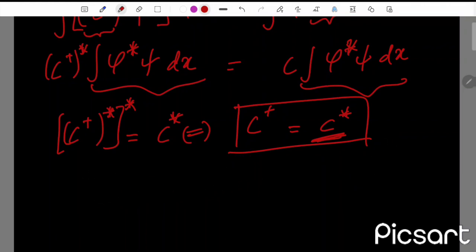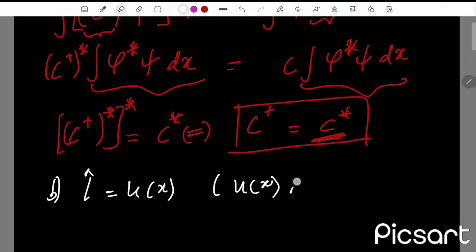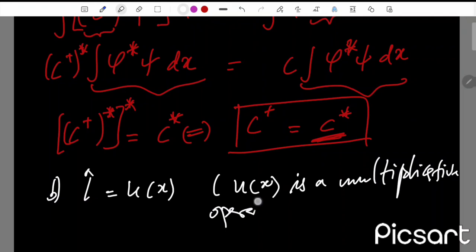We can go on solving exercise B, which is L equal to U, and U is a multiplicative operator.